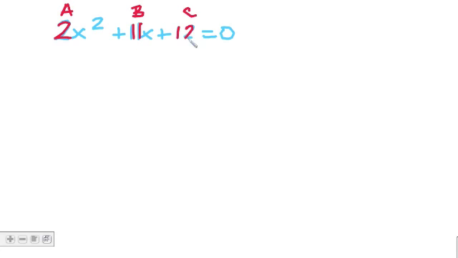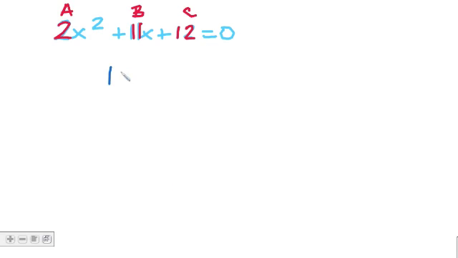How about this one? We have 2x squared plus 11x plus 12 equals 0. Our a is 2, our b is 11, and our c is 12. Plug those values in.